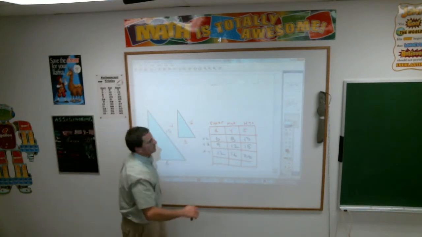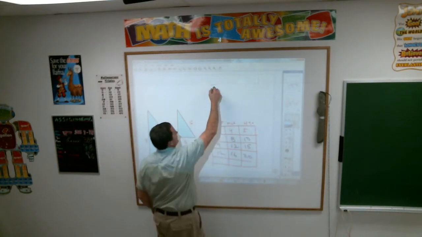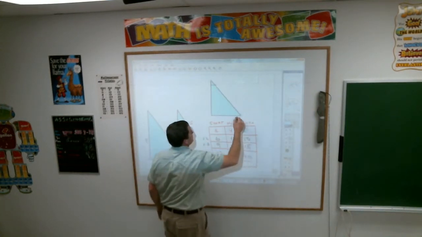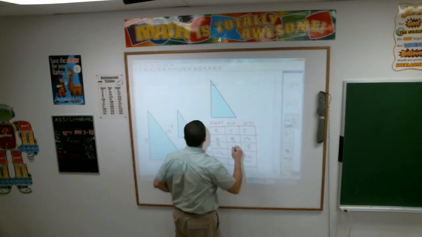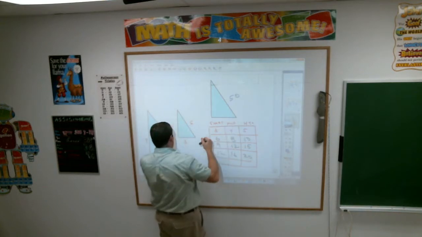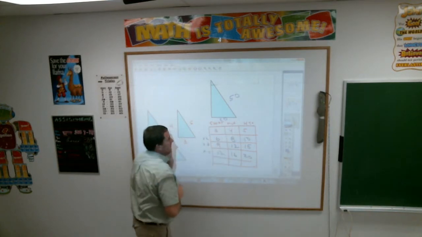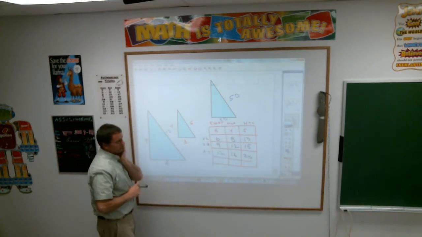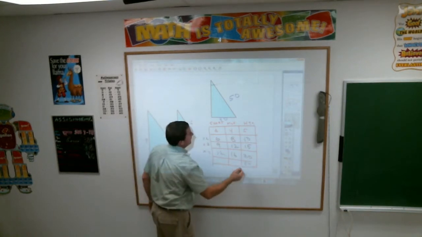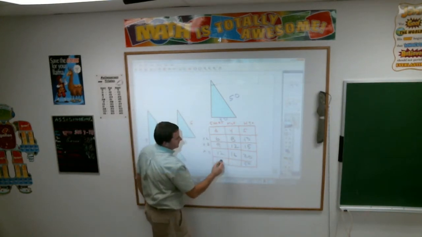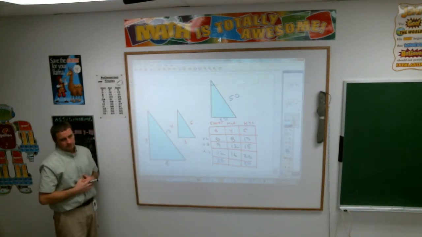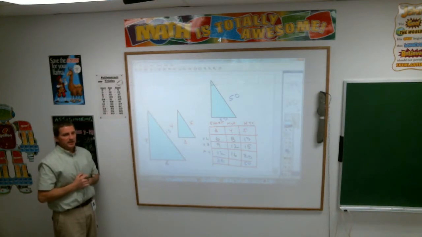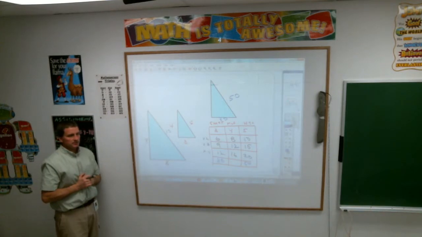And the problem comes when we see a triangle like this. What if this side is 50 and this side is 30? What is the missing side? And how would I figure that out? The missing side is 40.